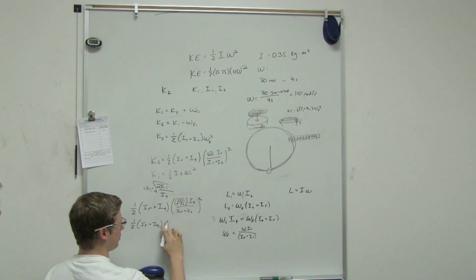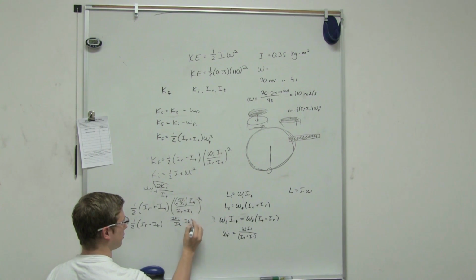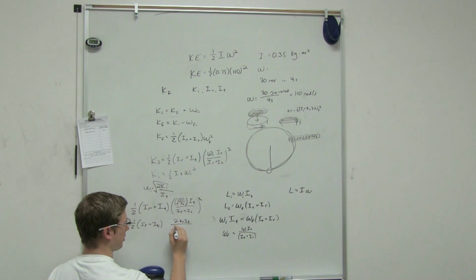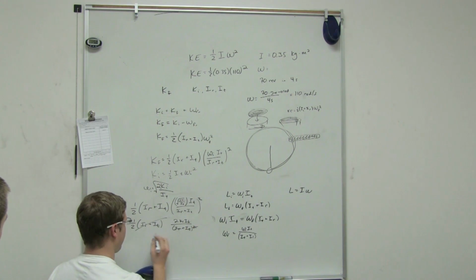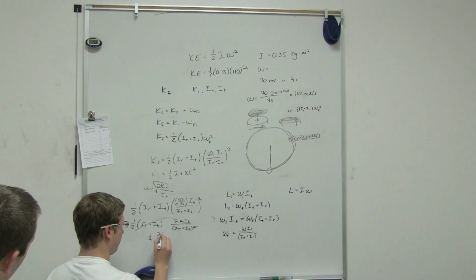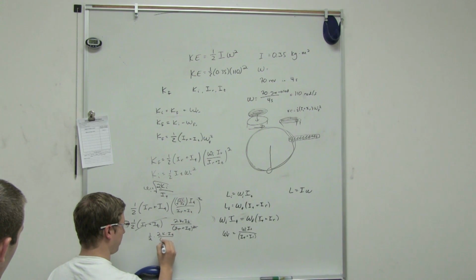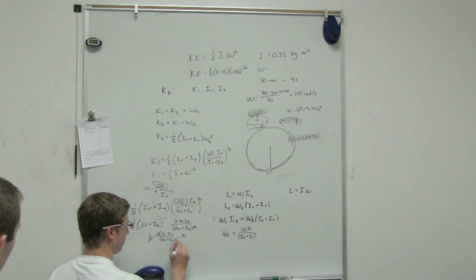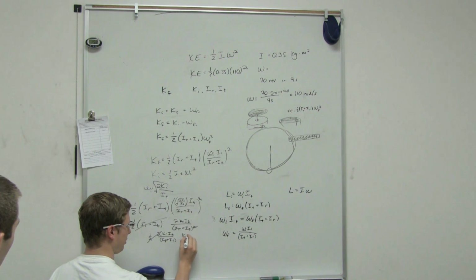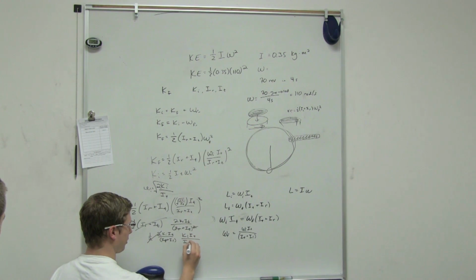So we square root this whole term, which becomes 2K_i I_T times I_T squared, which cancels the bottom one. So you get 1/2 times 2K_i I_T divided by I_R plus I_T. That can cancel, so you get K_i I_T divided by I_R plus I_T.